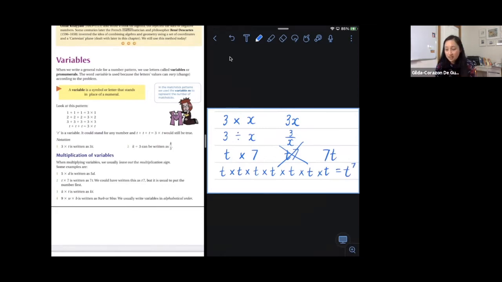When you read it as well, you don't read it as T7, but you read it as T to the power of 7, or T to the 7th power, or T to the 7.